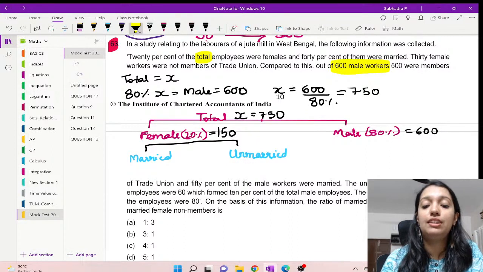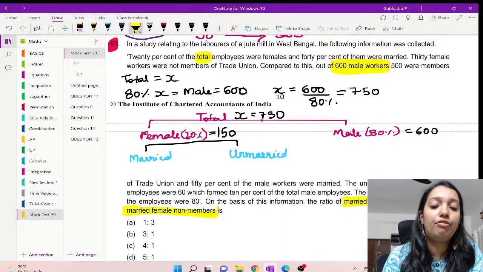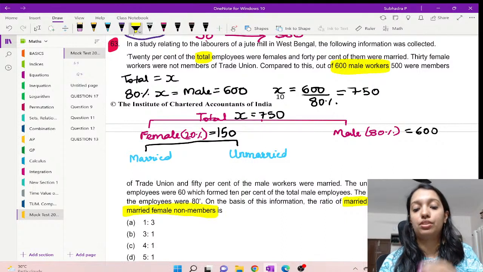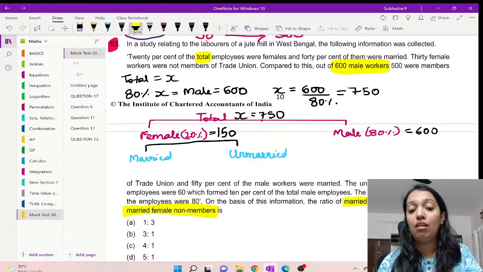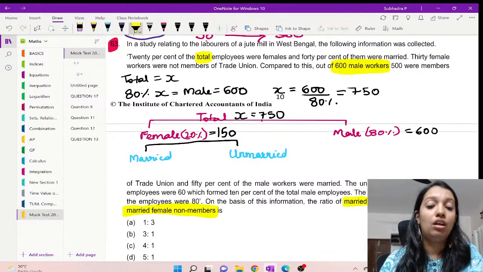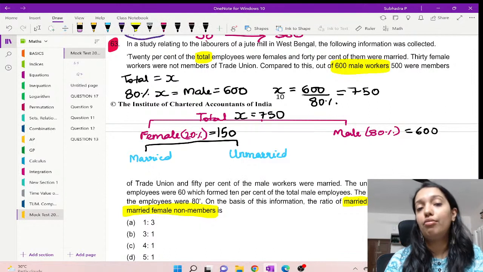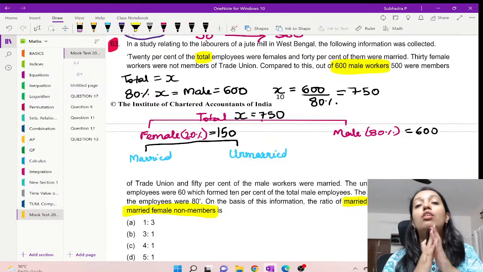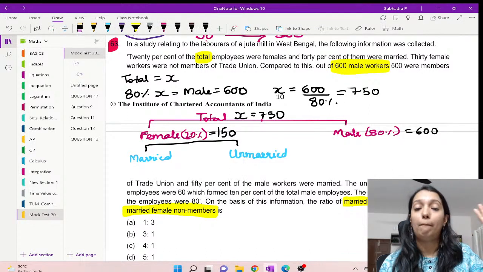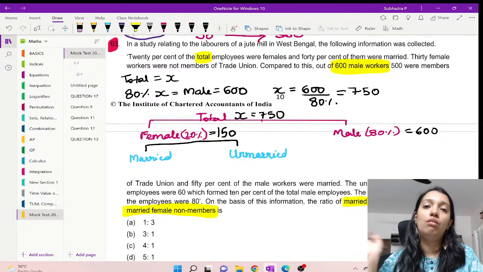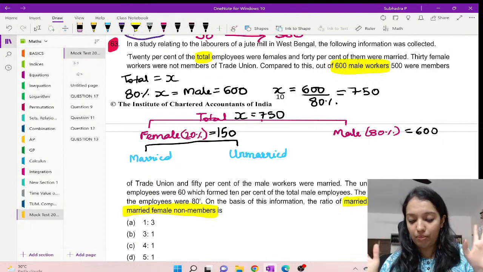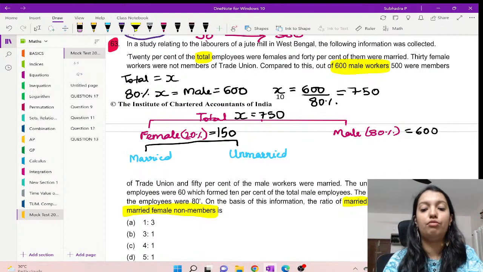On the basis of this information, the ratio of married male non-members to married female non-members. Okay. So we are dividing male and female in two ways. One, married unmarried. Two, member non-member. So remember that we require both the information.